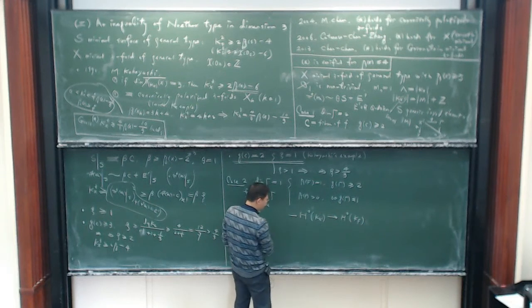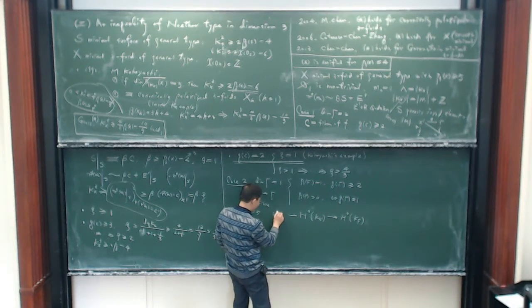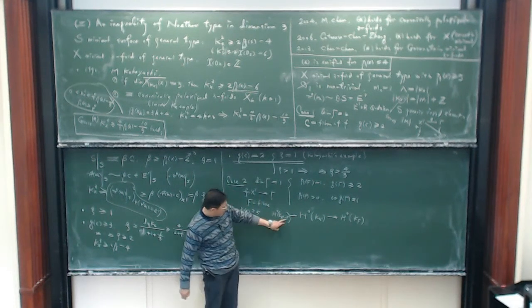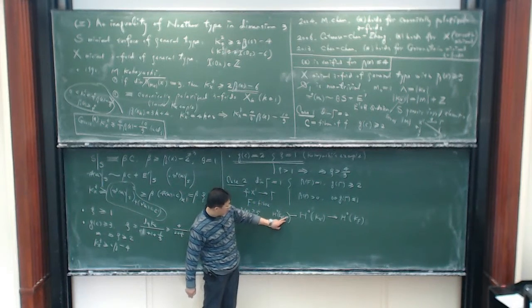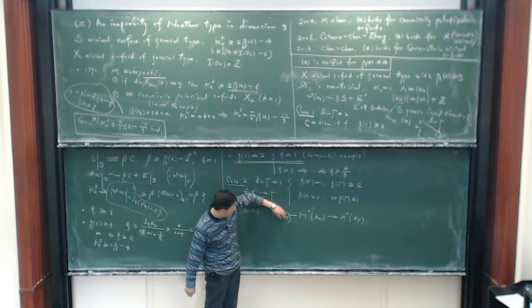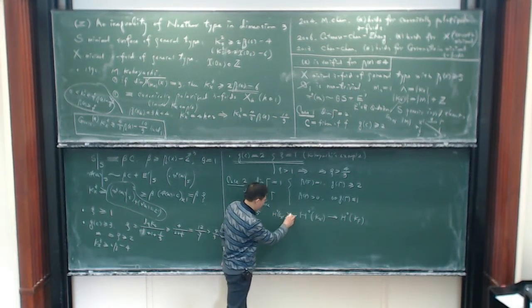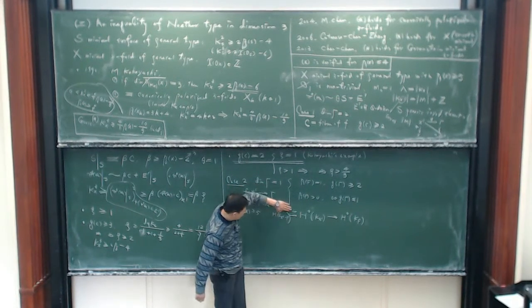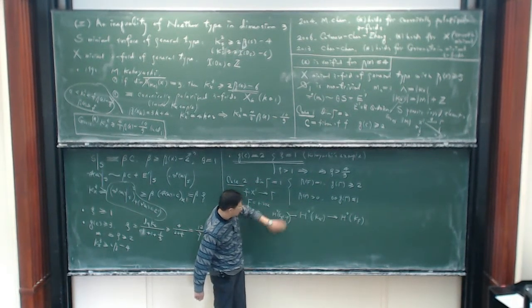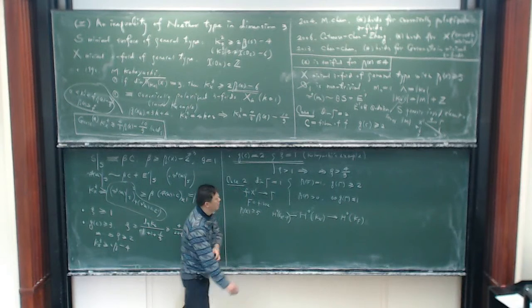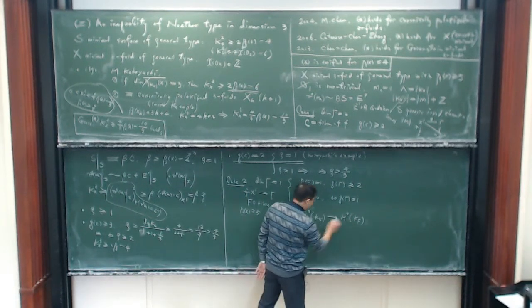Okay, and the previous item is H^0(K_X prime plus F). Since F is a general fiber, it cannot be composed in the fixed part of K_X prime. So this cannot be a zero map. Okay, so pg of F is positive.